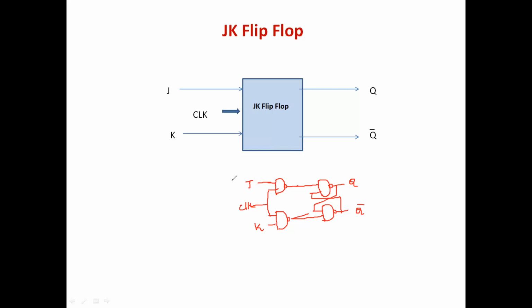The only change I have to make in the SR flip-flop in order to make use of the condition S is equal to 1 and R is equal to 1 is to take feedback from the output.